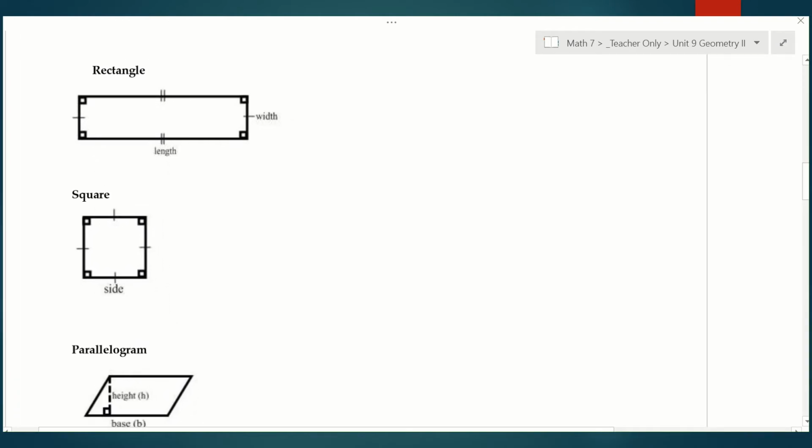These formulas, again, you might be very familiar with already, but we're going to write them out here. So the area of a rectangle is equal to length times width. Okay, and I show you the length and the width there. The area of a square, you can also use length times width if you want, but because squares have all equal sides, if I were to think of it as side times side, that's the same as side squared.